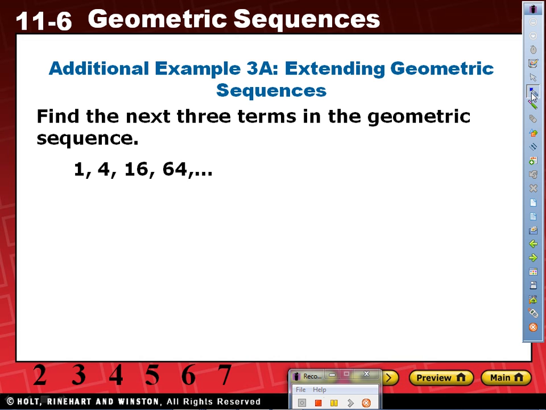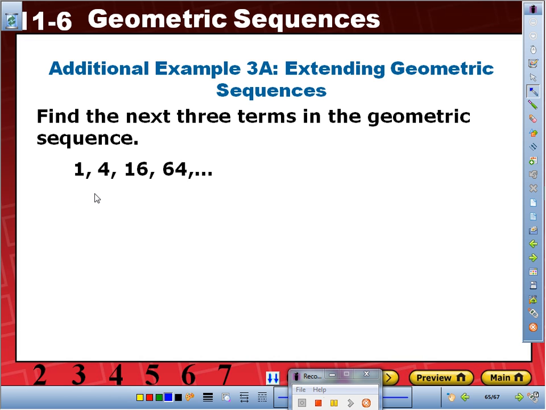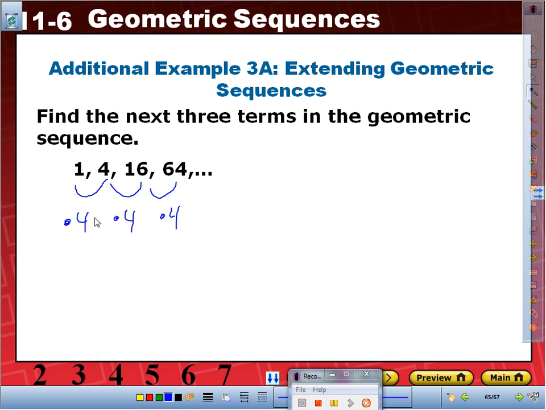So let's see. From here to here, something happens. From here to here, and from here to here. Who saw that it multiplies times 4, and times 4? That's our pattern. For arithmetic sequence, it was the letter D. For geometric sequence, it's the letter R. And the letter R is 4.